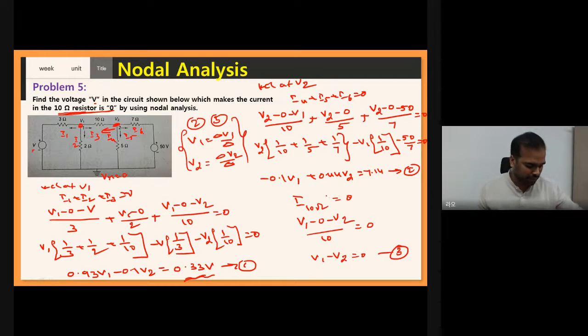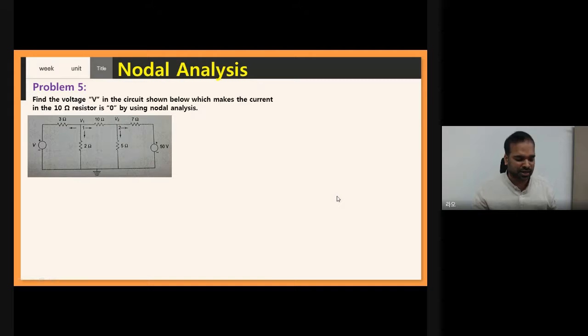Now you already know how to apply Cramer's rule for equations 2 and 3. I'm not going to explain everything step by step here. Just to save time, I will write directly the determinants of delta V1 and delta V2.